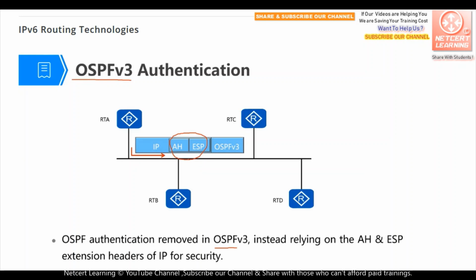Remember that in the last lecture, we learned that for the IPv6 header, we have the basic IPv6 header and a bunch of extension headers. Those extension headers include the authentication. If we need to use the authentication, we will add these authentication headers to the IPv6 packet.